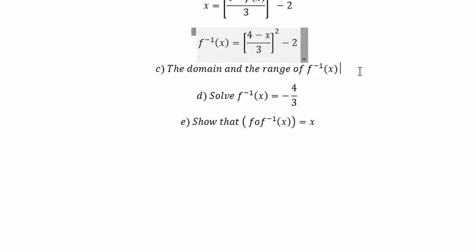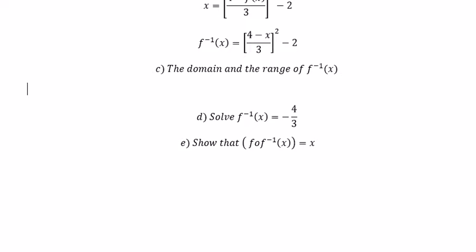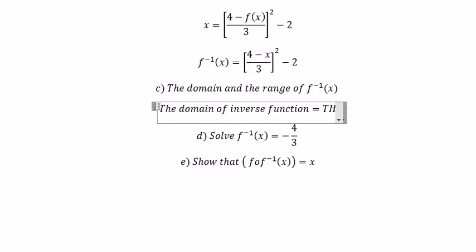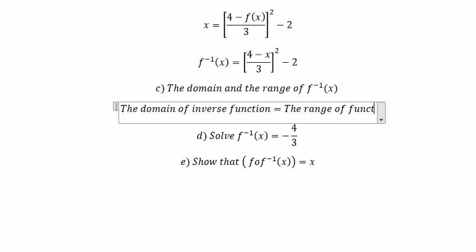Now we need to find the domain and the range in here. So we have the technique, the domain of inverse function, that's equal the range of function.